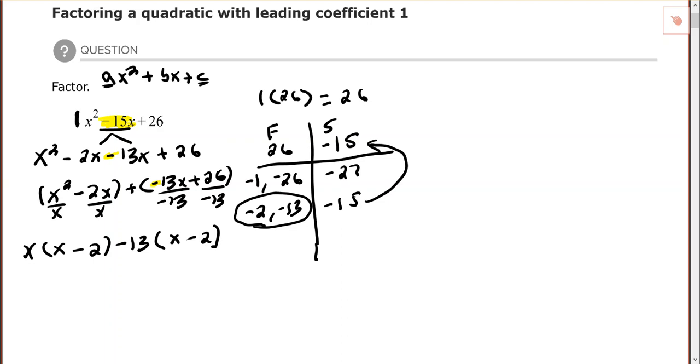And then the final step is to factor out the common binomial of x minus 2. So I'm going to factor out the x minus 2 here. Write that once since I'm factoring out of the entire polynomial there, and then I have x minus 13 left when I factor out the x minus 2 from each one of those.